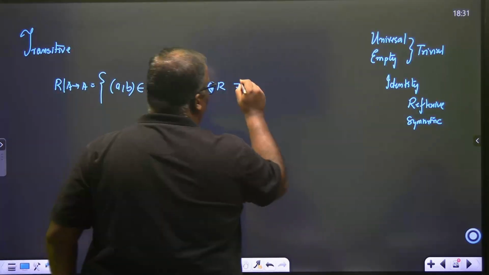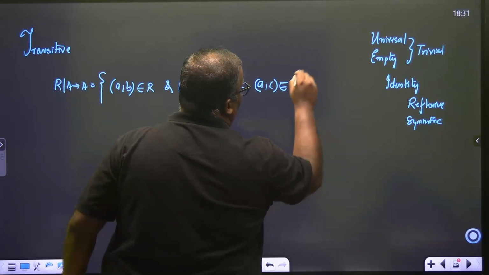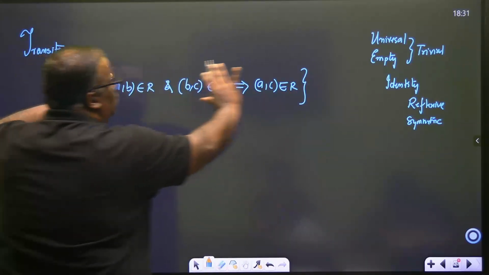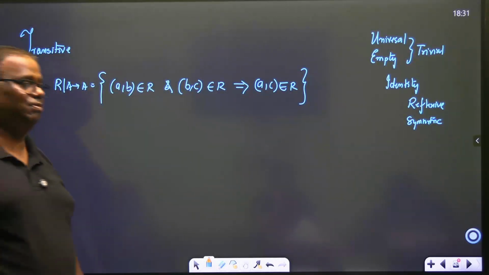It should imply that (a, c) also belongs to R. This criteria has to be met in order for a relation to be transitive.